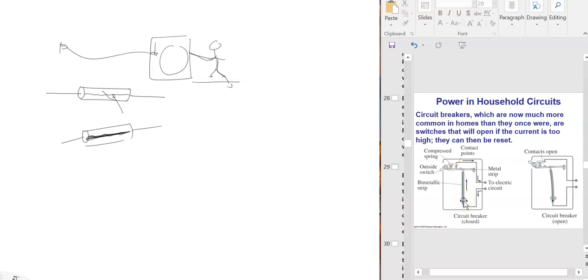They have different expansion rates, so they expand differently with heat. So because of that difference, when it expands, it bends. That bending can break the connection, and that's how you prevent dangerous currents in the circuit.